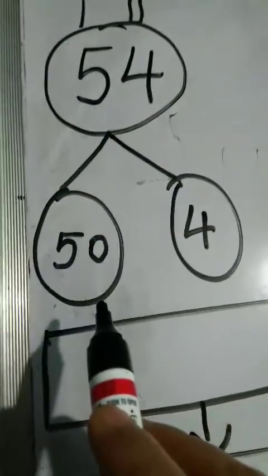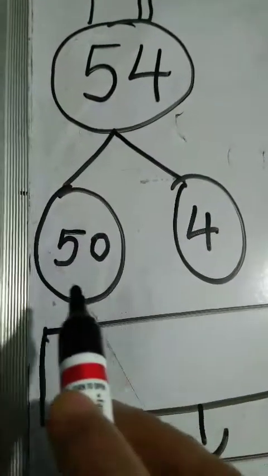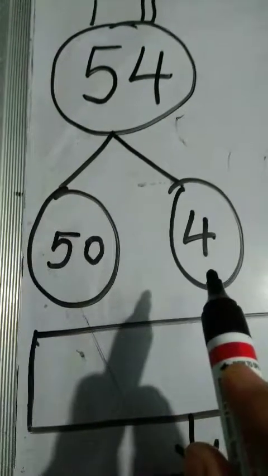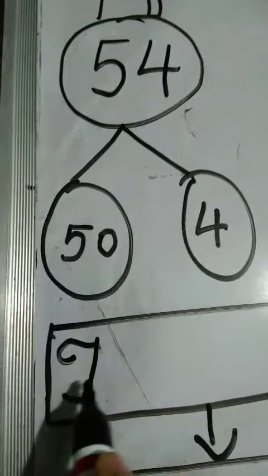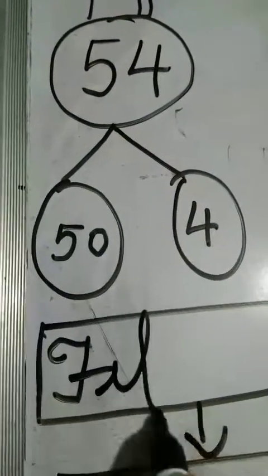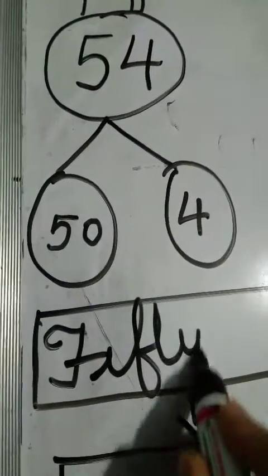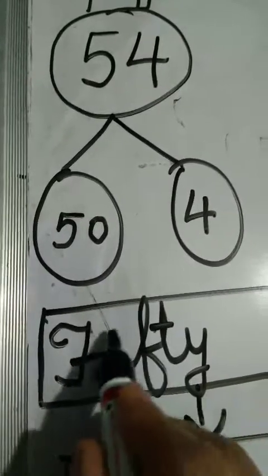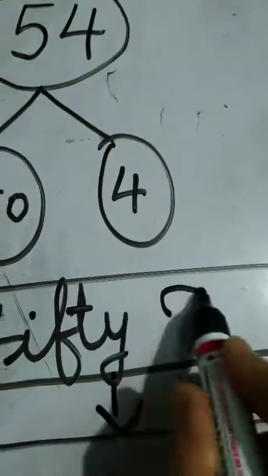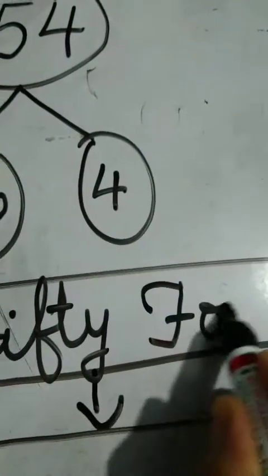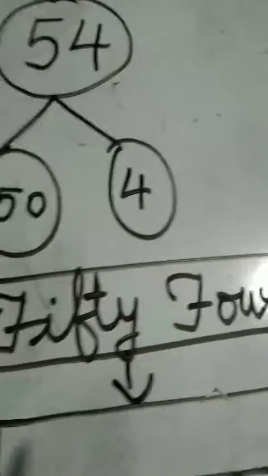So tell me in words, which number is this and which number is this? So it's 50. Spell out F-I-F-T-Y. It's 50. 50 and this is 4. So 50 and F-O-U-R 4.